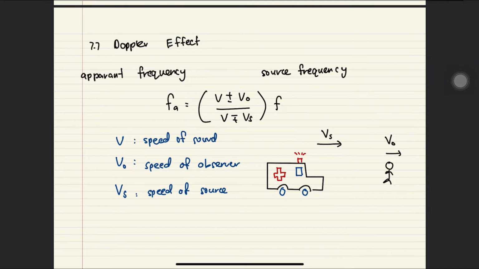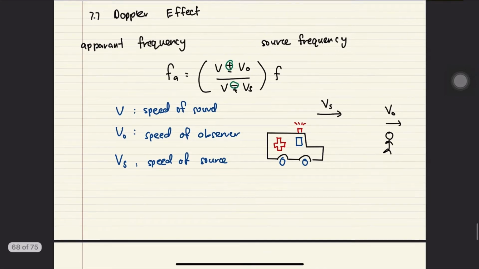The easiest way to use this formula is this: if the ambulance is coming towards you, or you are running towards the ambulance, you use the top one, because the apparent frequency is higher than the actual frequency produced by the source.